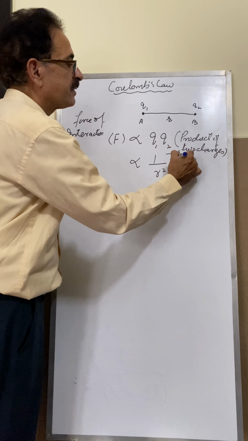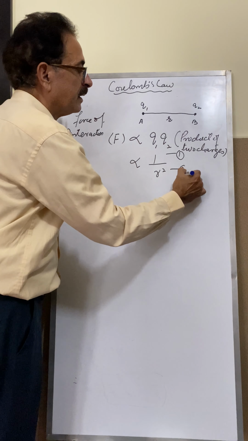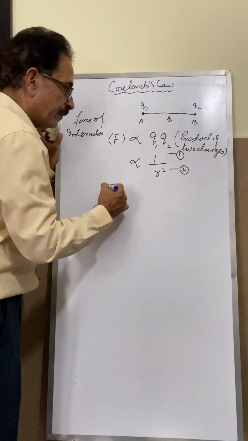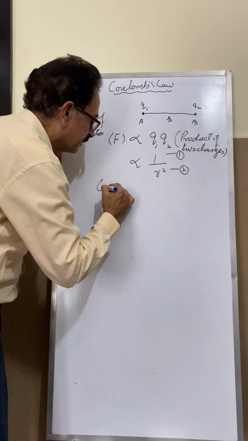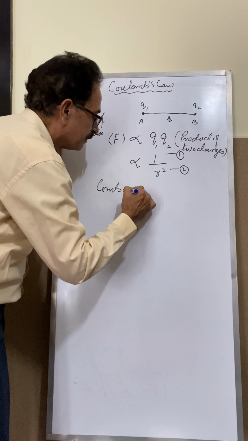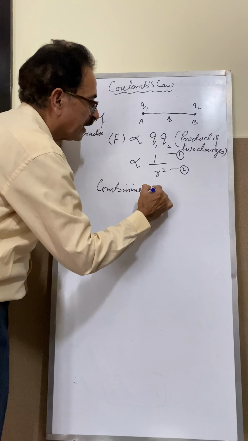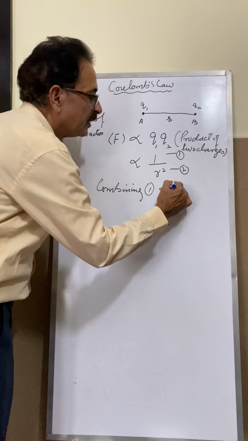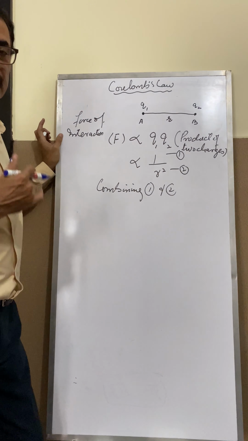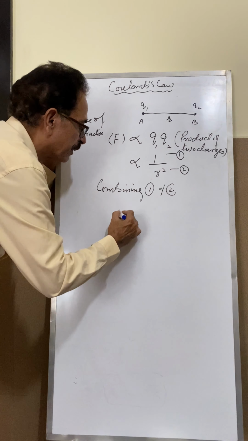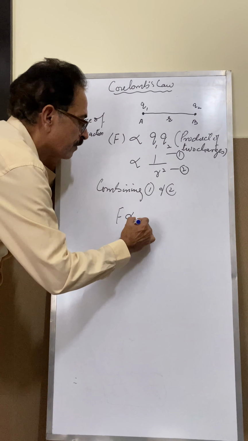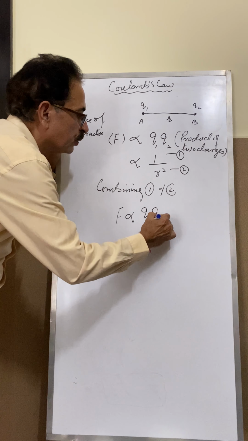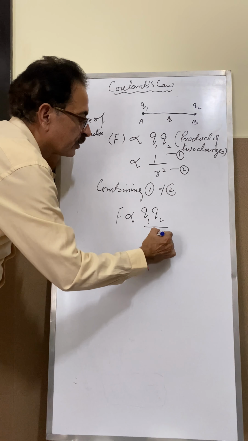If this is first and this is second, we combine 1 and 2 and we get F proportional to Q1 Q2 upon R square.